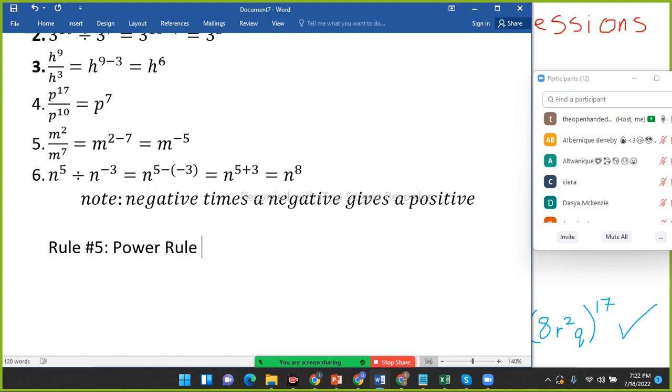And the rule basically says that if we have a term and its exponent, and that's all raised to another exponent, we can multiply the two exponents. All right, so that's what that rule says.